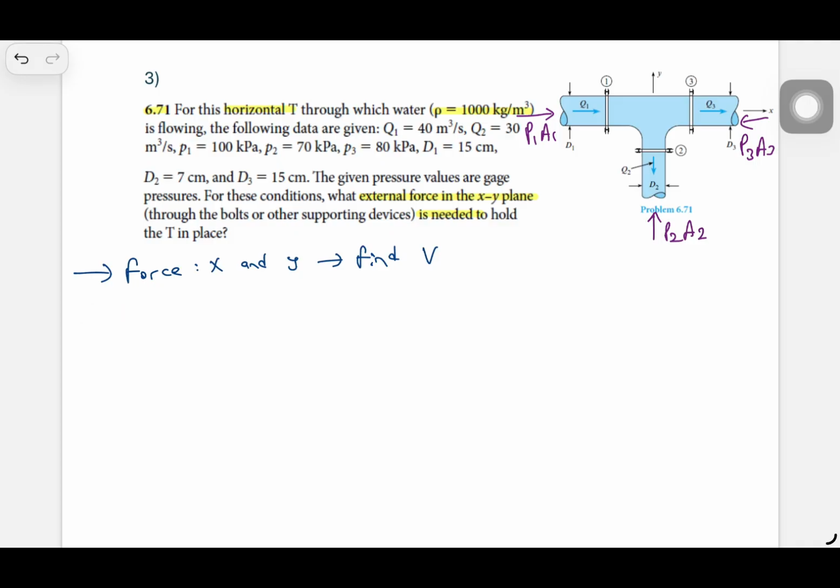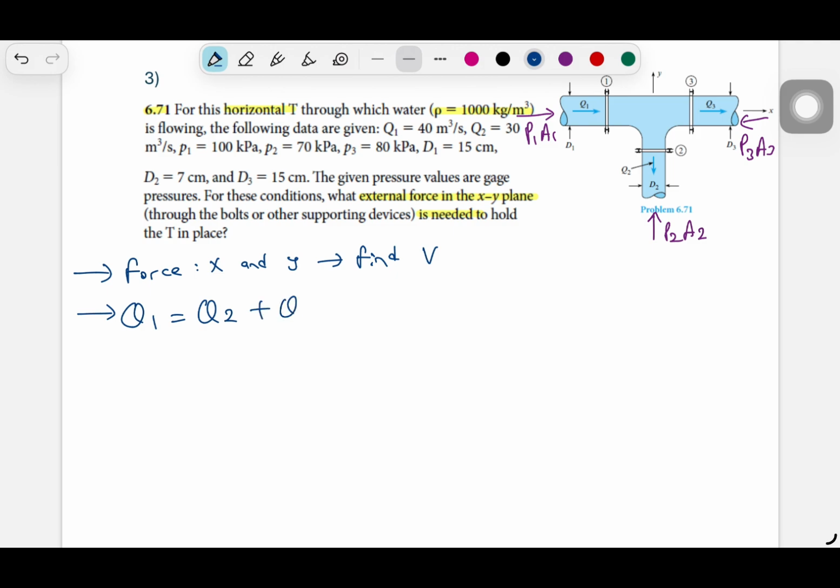And also from continuity equation, we can write this. We have Q1, which is entering the system. And then we have Q3 that leaves the system, and we have Q2 that also leaves the system. So Q1 is equal to Q2 plus Q3.